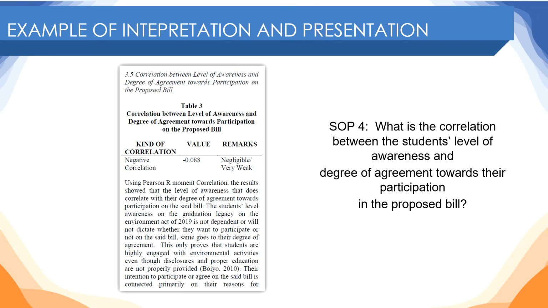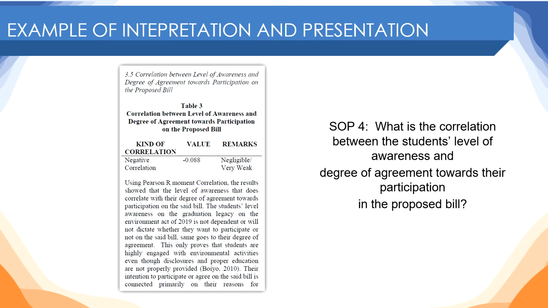So the results should then be presented and interpreted in relation to the question, just like what we keep on repeating. Okay. When interpreting the correlation, we should consider both the direction and the strength of the relationship, of course, as well as the appropriate statistical evidence.